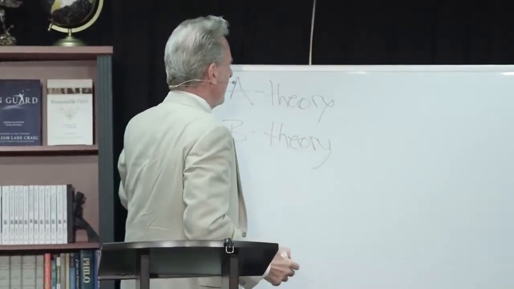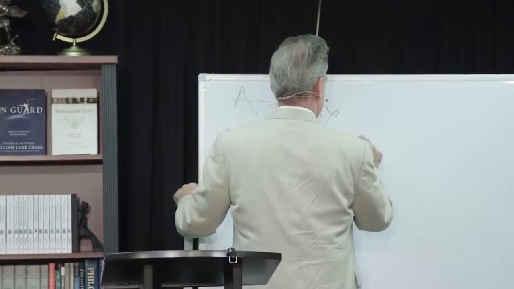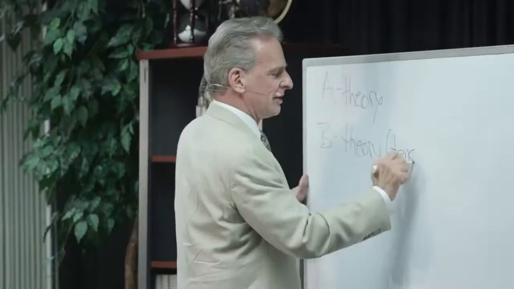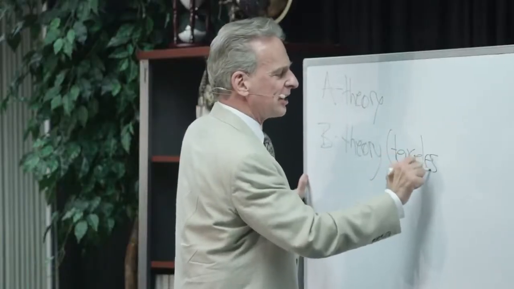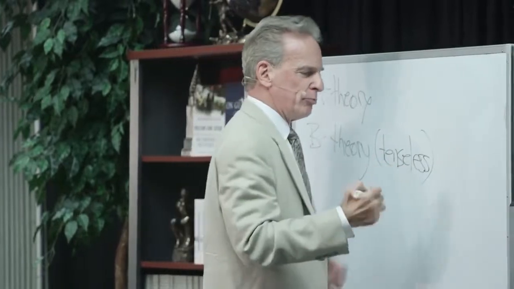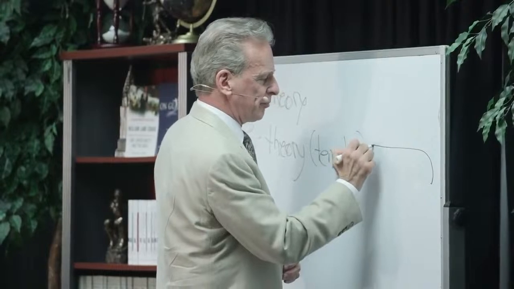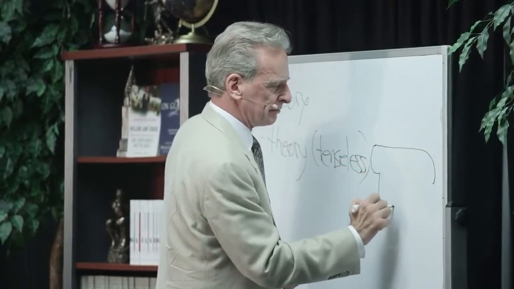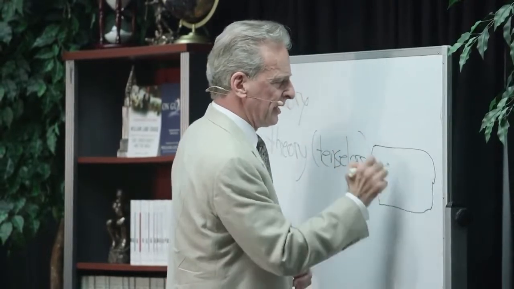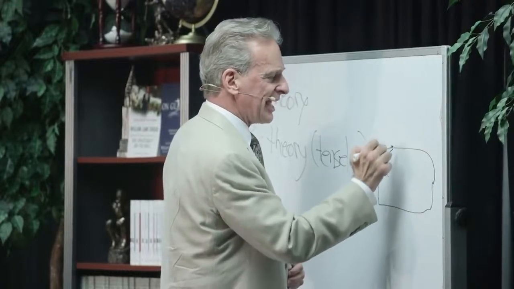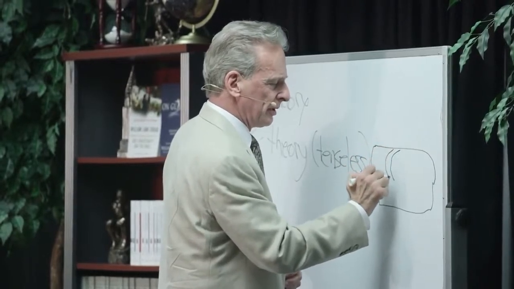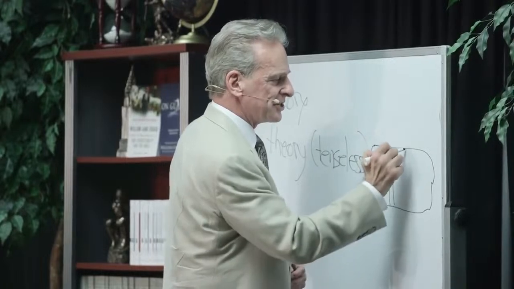And the way you can remember this is that the B theory is like a loaf of bread. B for bread. So imagine a loaf of bread that is then sliced into particular slices.